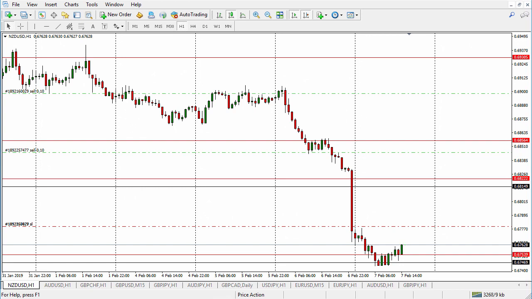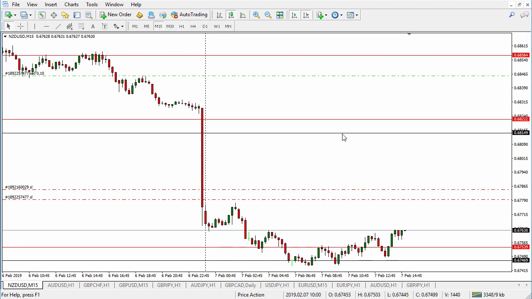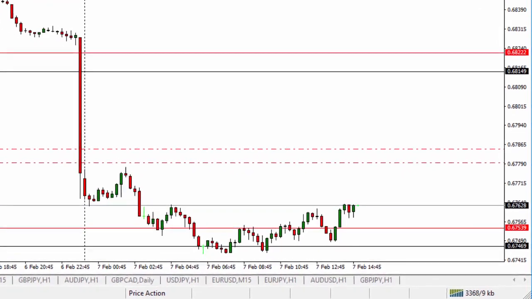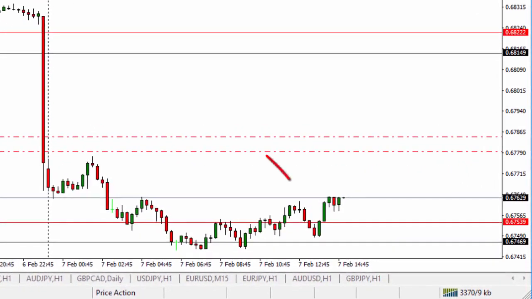Well, no, of course. Therefore, I'm going to move the trailing stop orders for our short trading positions to go right above the most recent swing high on the NZD/USD currency pair's 15 minutes chart, right here.